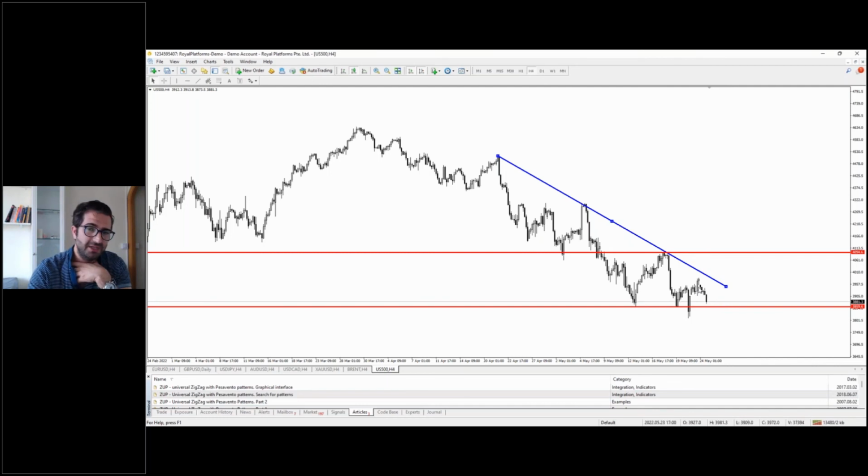But that doesn't mean you should buy around this level, because there will not be enough momentum to reach the 4,094 unless we see a breakout of the previous swing high and the breakout of this bearish trend line. So in analysis, I can say that we are bearish on the US 500, and as obvious, it is going toward the 3,859 mark.